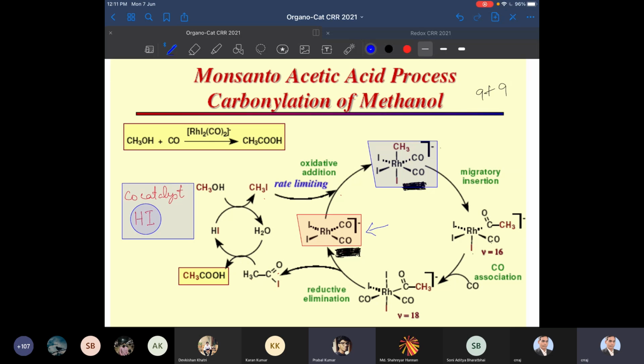Rhodium and 4 electrons from iodine. Abhishek, second one. Tell me how many electrons? Rhodium comes in which group?